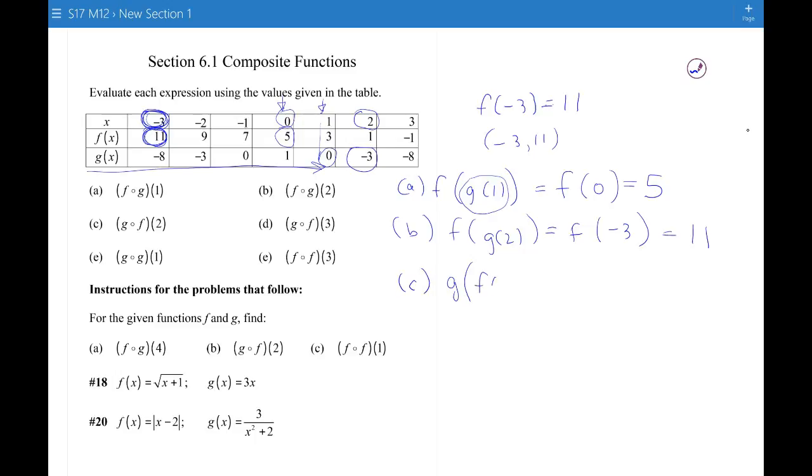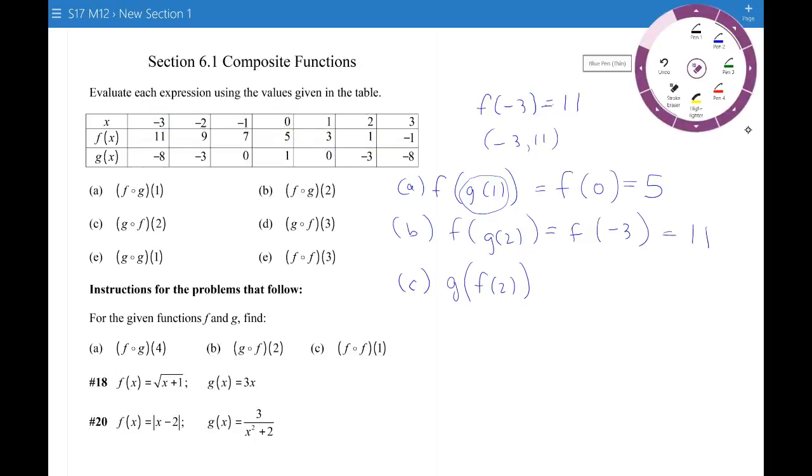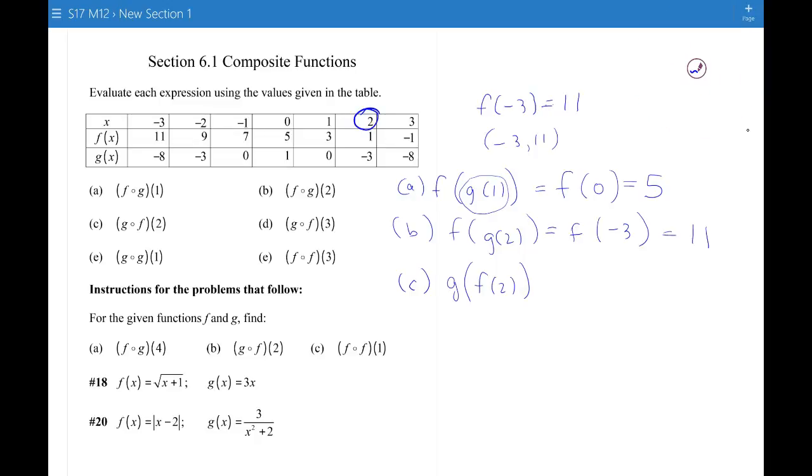So this one is g of f of 2. Okay, so let me erase some of this on the table so it's clean again. Okay, so g of f of 2. So we have x is 2, and I want f of 2 first now.